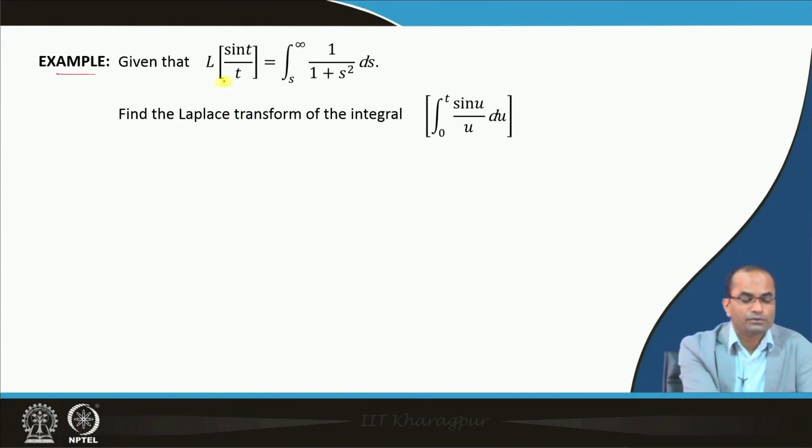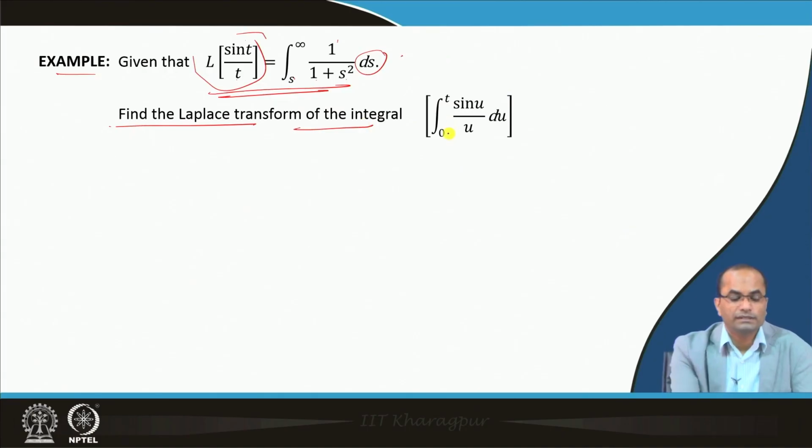Coming to the example, it is given that the Laplace of sin t over t is the integral from s to infinity of 1 over 1 plus s squared ds, and we want to find the Laplace transform of the integral from 0 to t of sin u over u.